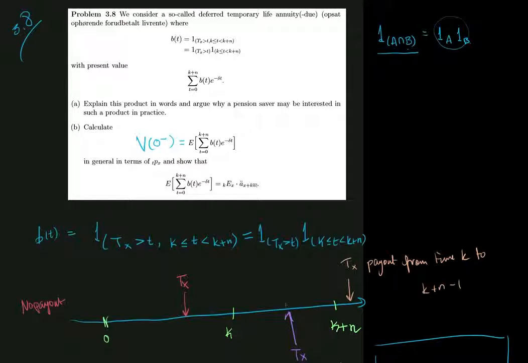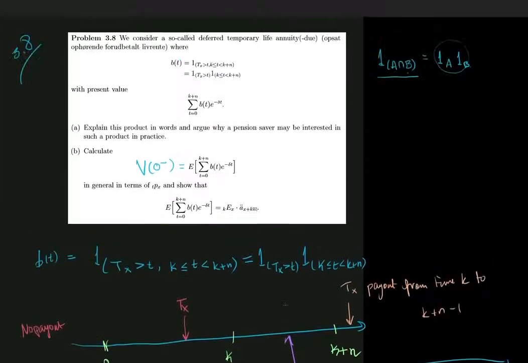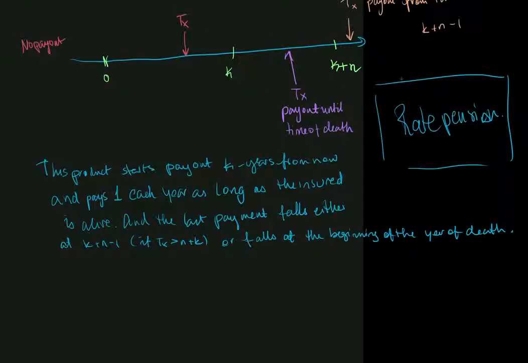Well, the thing is, if you compare two contracts, one where you have a temporary payout period, so where it expires at n, and one that lasts your whole life, which we in Danish also call a livrente, then how do these two compare?